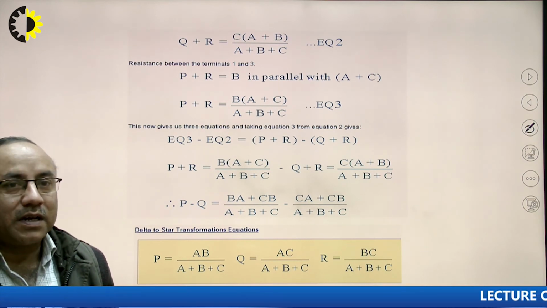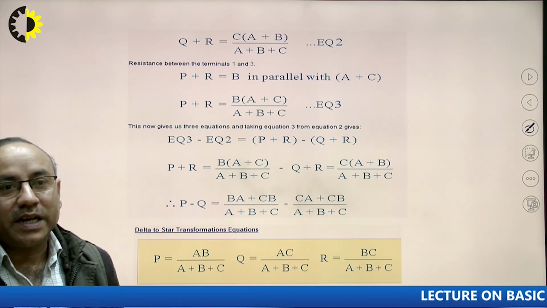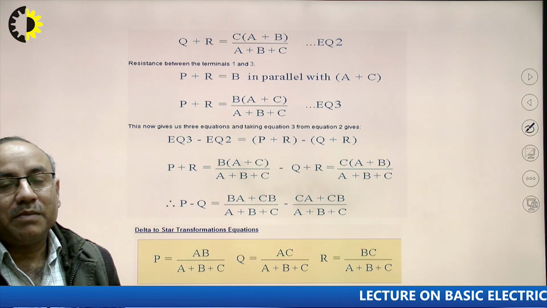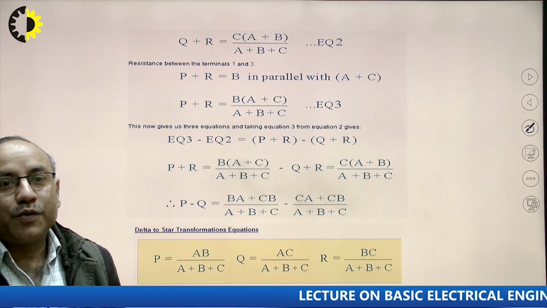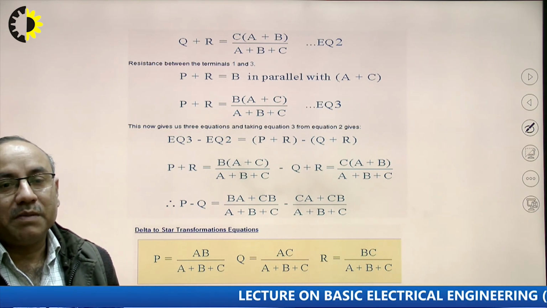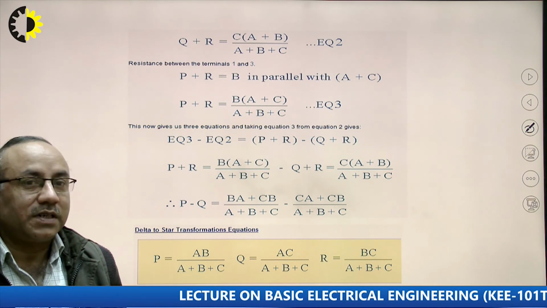In the same manner, across terminal pair 1 and 3, P plus R equals B into A plus C upon A plus B plus C. This becomes equation number 3.